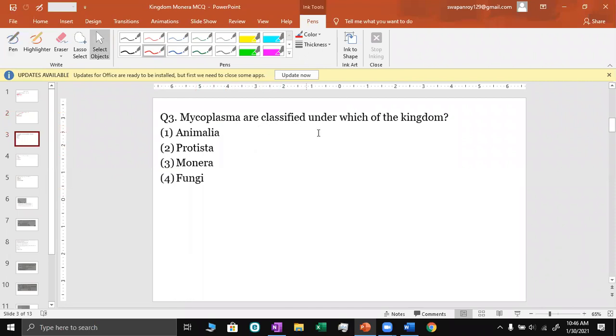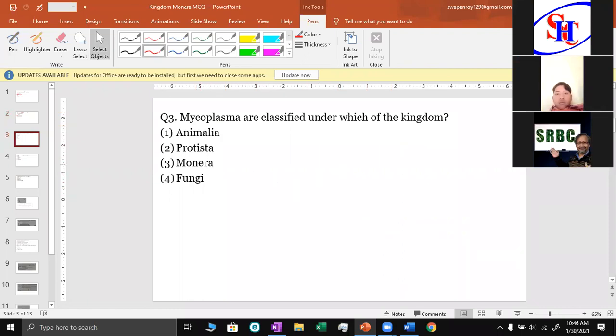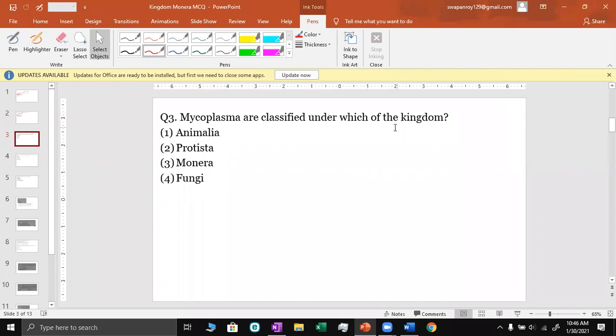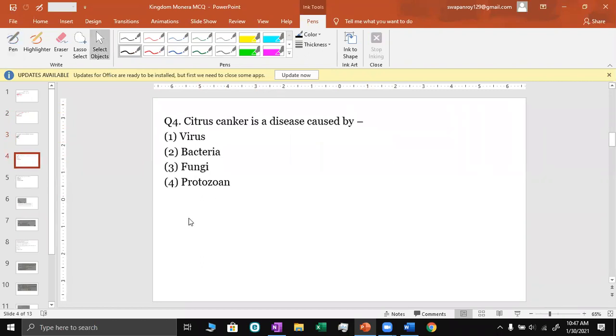Mycoplasma are classified under which kingdom? Mycoplasma is under Monera. Number 4: citrus canker.